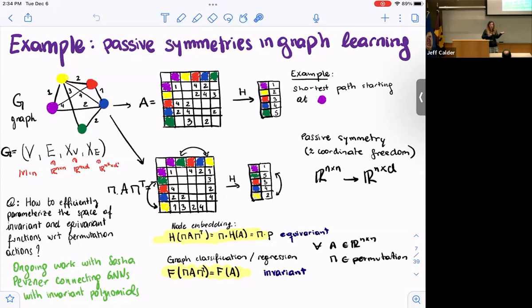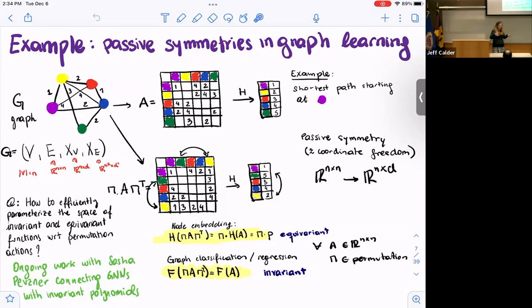There's a huge literature in graph neural networks that defines different classes of functions that satisfy these properties. But the issue is that if you write a class of functions that satisfy these properties, it can be hard to separate non-isomorphic graphs in some cases.